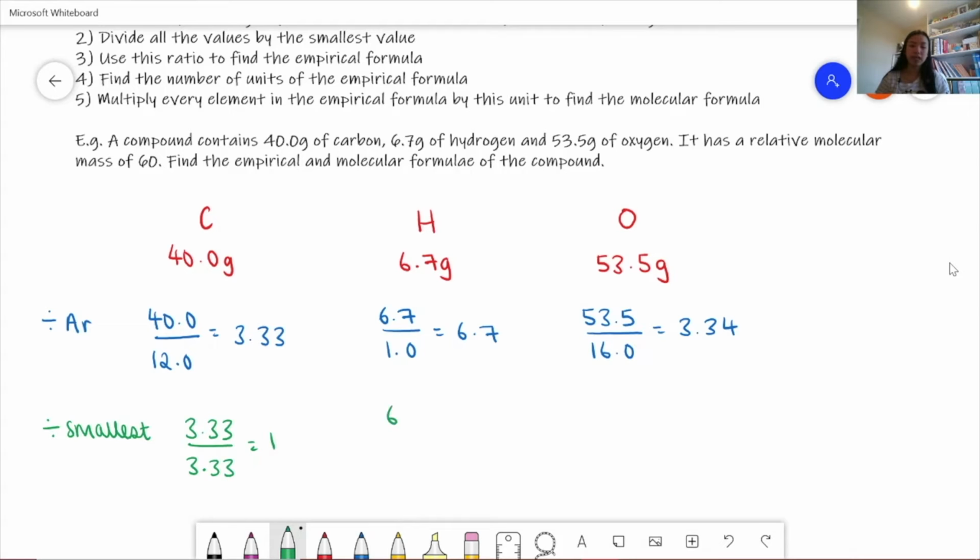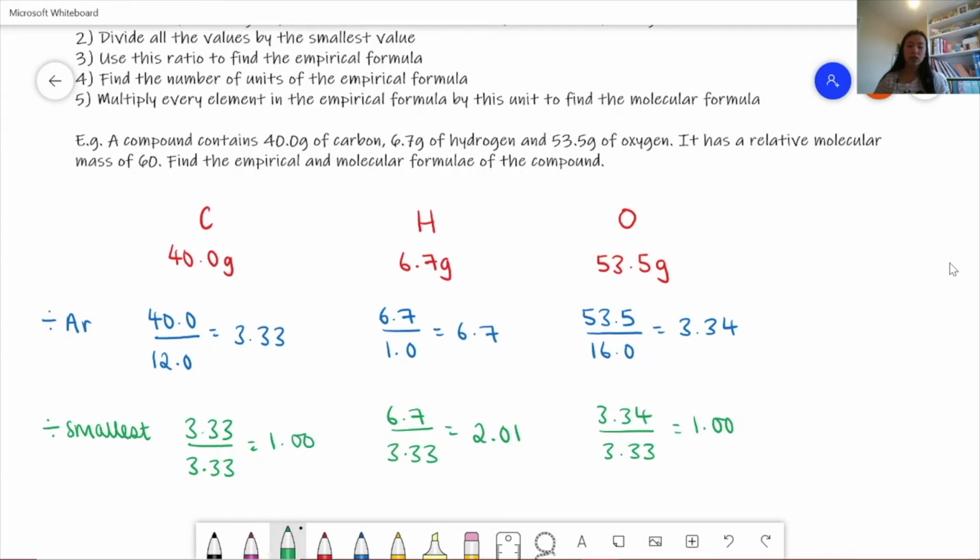And then we have 6.7 over 3.33, and this is equal to 2.01. And then we have 3.34 over 3.33, and this gives us 1.00.